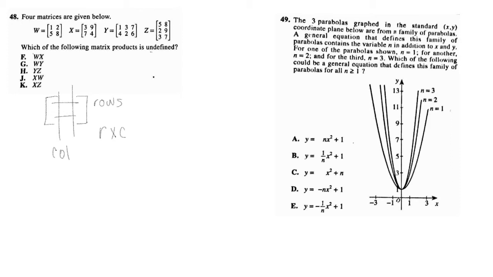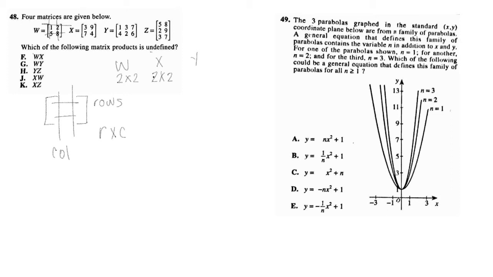So let's look at W. The dimensions of W is going to be a 2 by 2. So that one's not too bad. And I'm just going to write it down here, 2 by 2. And then for X, the dimensions of, well, it's a 2 by 2 also. Let's see, what about Y?